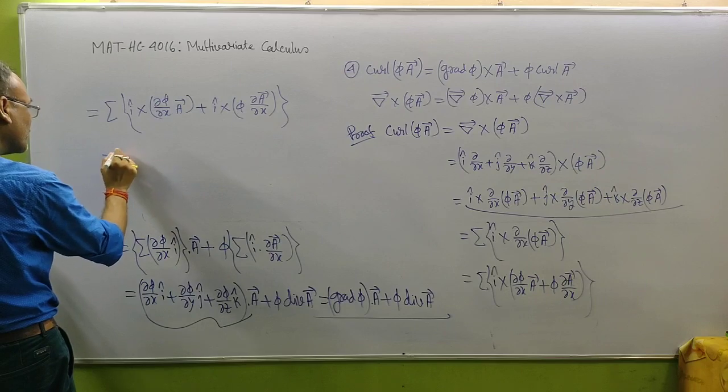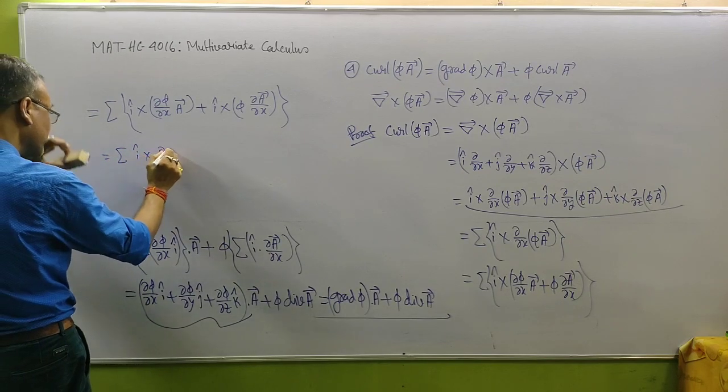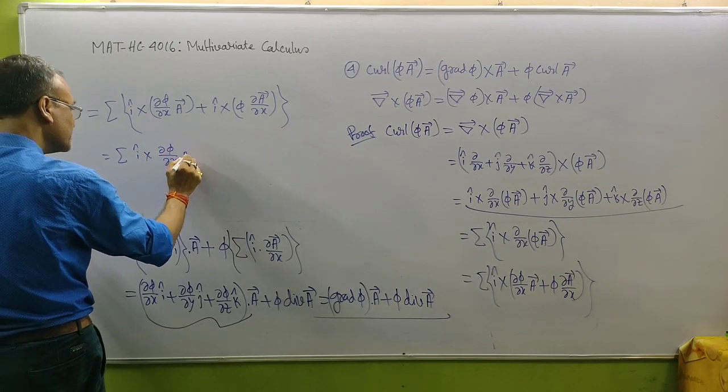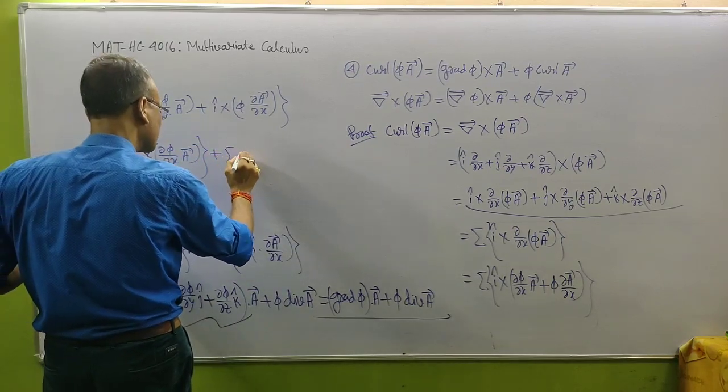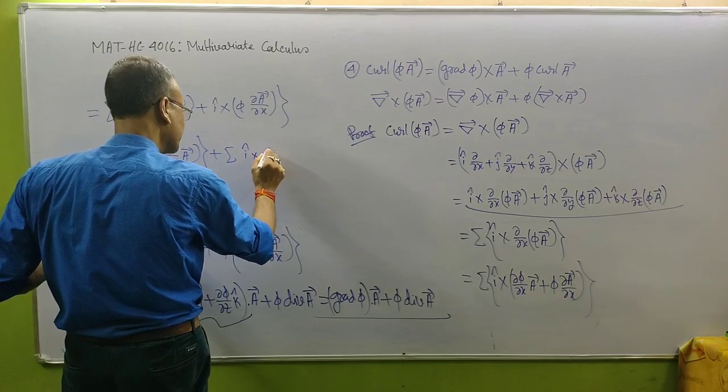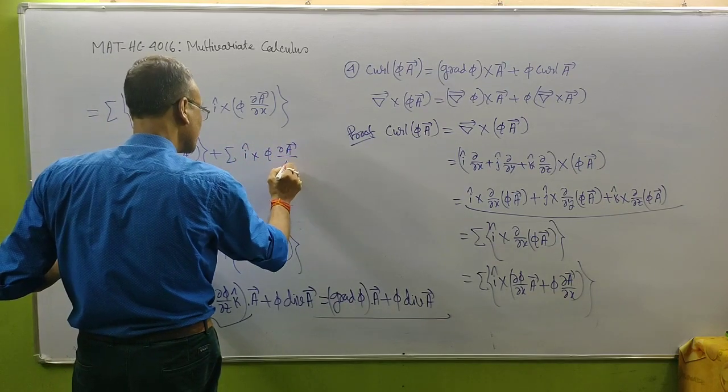You may write like this. Here also the summation will be there, A vector by del x.